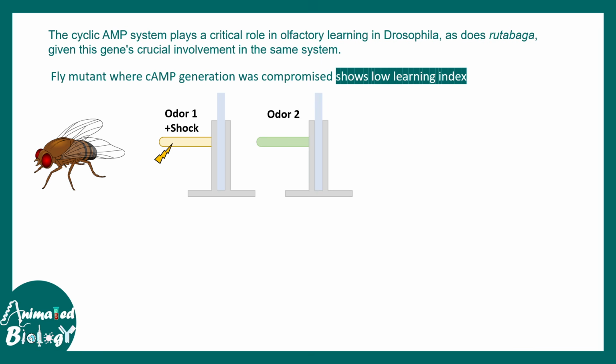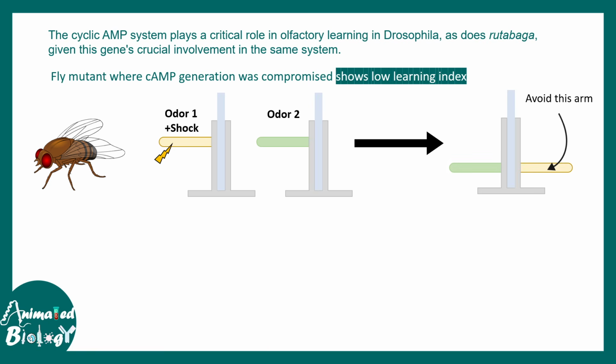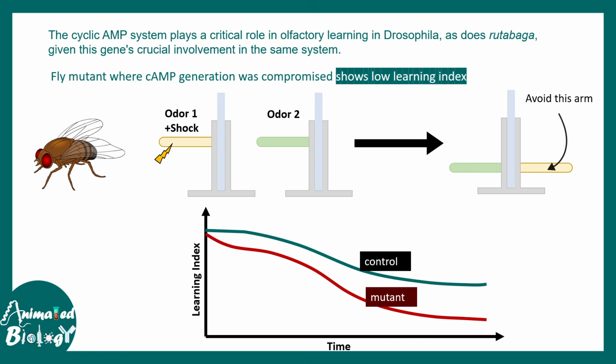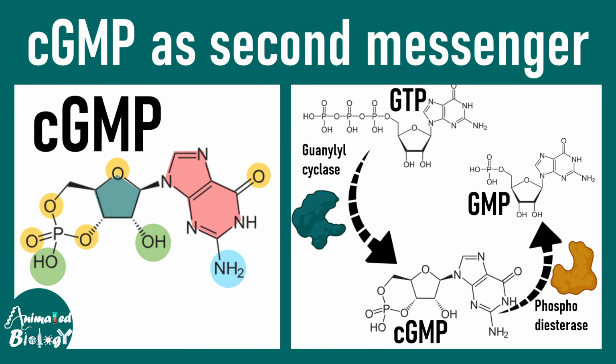One odor comes with a shock, another odor is a normal odor, and they sort of remember which odor came with a shock and avoid that odor. But the rutabaga fly mutant has a poor learning index, as if they could not remember which arm and which odor came with a shock. That clearly shows that cyclic AMP is really important underlying memory formation as well.